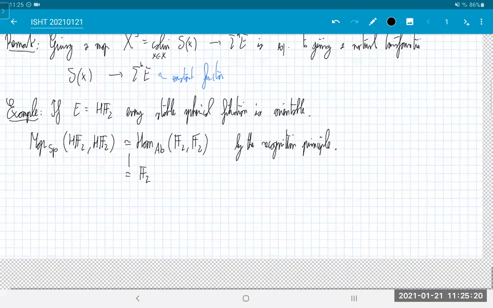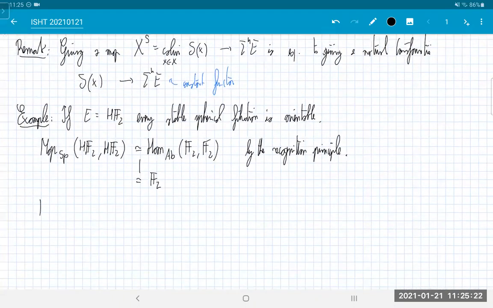No, hold on. That's not quite what I wanted to say. What I want to say is the maps in spectra from the sphere to HF2 are equivalent to omega infinity of HF2, which is just F2 again.